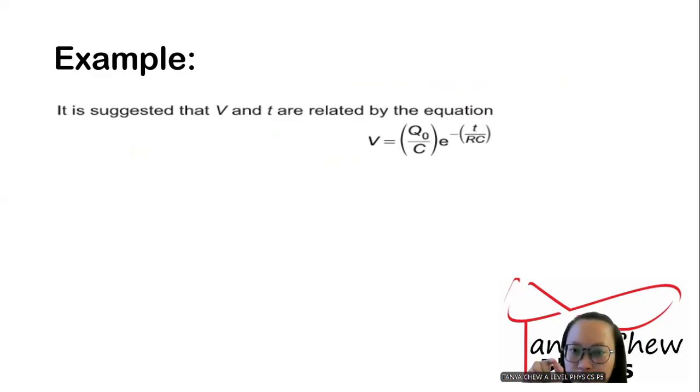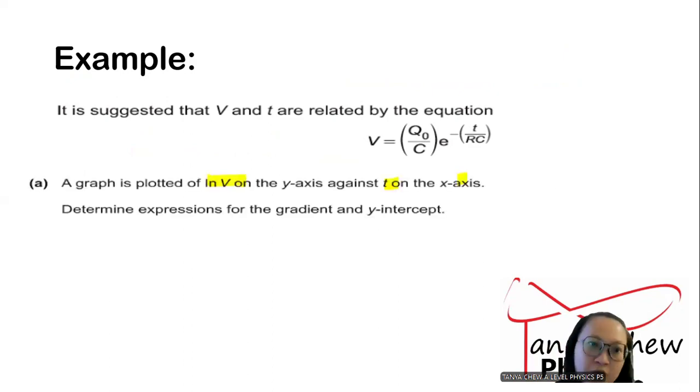V is equal to Q naught over C, e to the power of negative t over RC. So a graph is plotted of ln V on the y-axis against t on the x-axis. You see the equation given is not in terms of ln, so you have to do some modification. You have to make ln V the subject on the left-hand side.